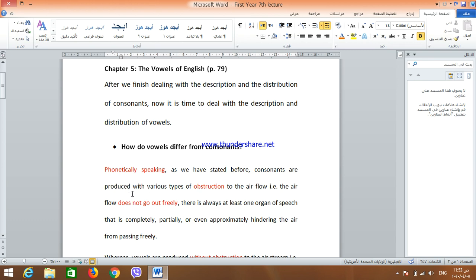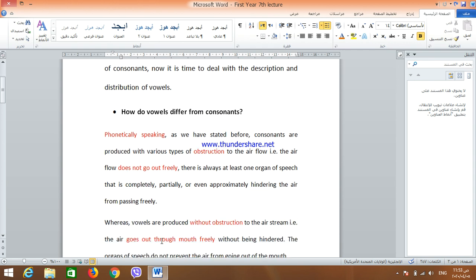consonants are produced with various types of obstruction to the airflow, which means the airflow does not go out freely. There is always one or two organs of speech which are hindering completely, partially, or even approximately the air from passing freely.